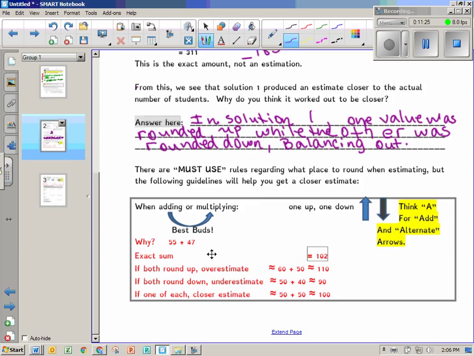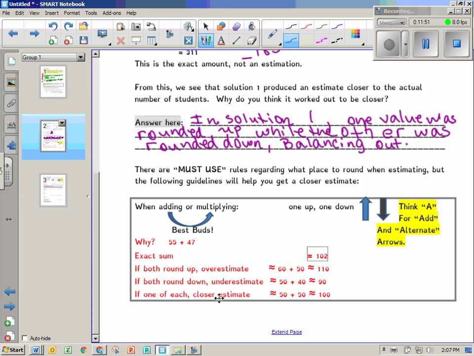So why does it work? Well, suppose we were adding 55 and 47. The exact sum is 102. If I round them both up to 60 and 50, I get what's called an overestimate. It's too big. If I round both of them down to the nearest 10, then I get an underestimate because it's too low.